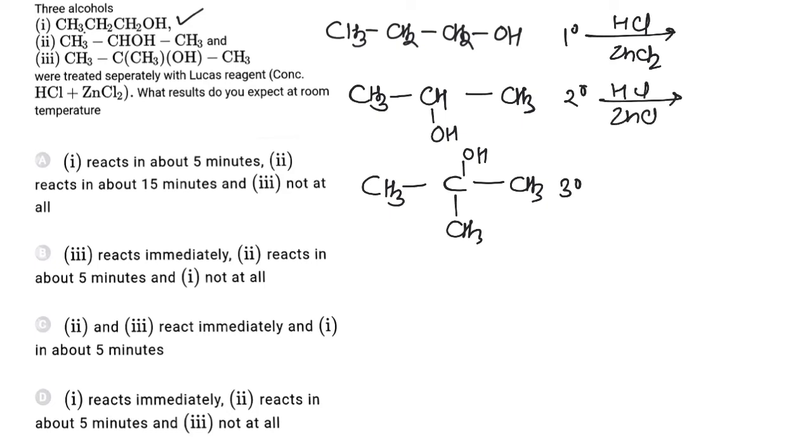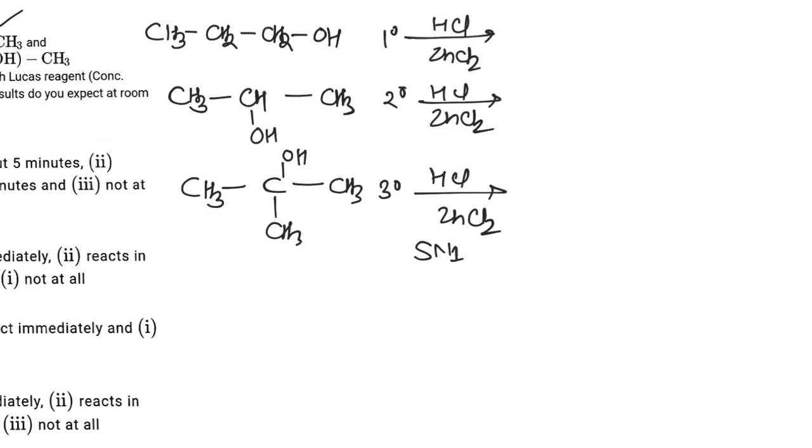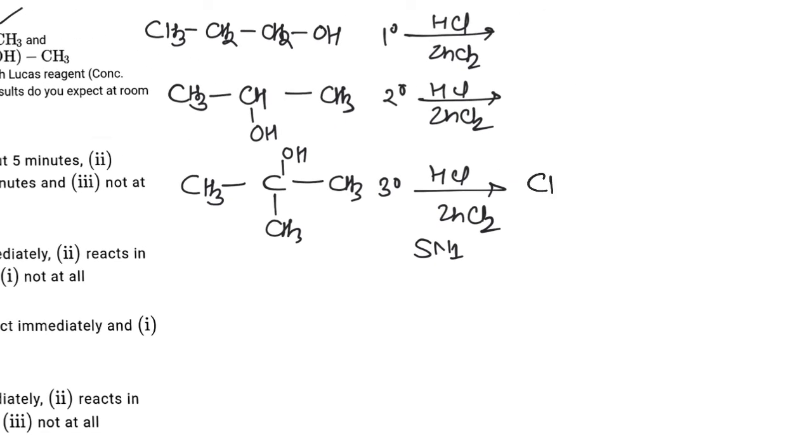Now this reaction takes place via SN1 mechanism, and SN1 mechanism takes place when tertiary alkyl halide is formed. So in the presence of tertiary alcohol, tertiary alkyl halide is formed, and since tertiary carbocations are comparatively more stable, in this case immediate turbidity or immediate precipitates are formed.